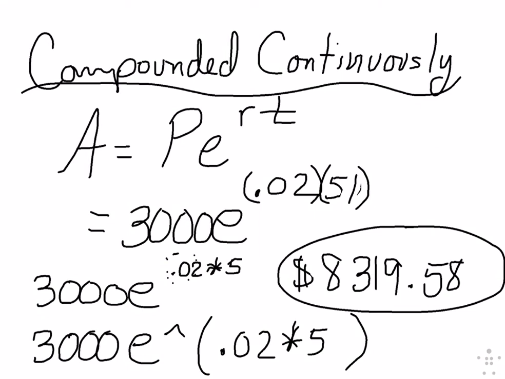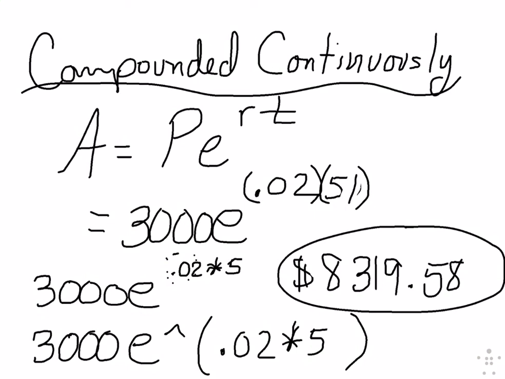All right, so now, if Gabby were to put it in that kind of account, she has $8,319 and some change. Yesterday we had $8,248 and some change, right? 498? Is that what it was? Okay, just check. So, notice the difference.